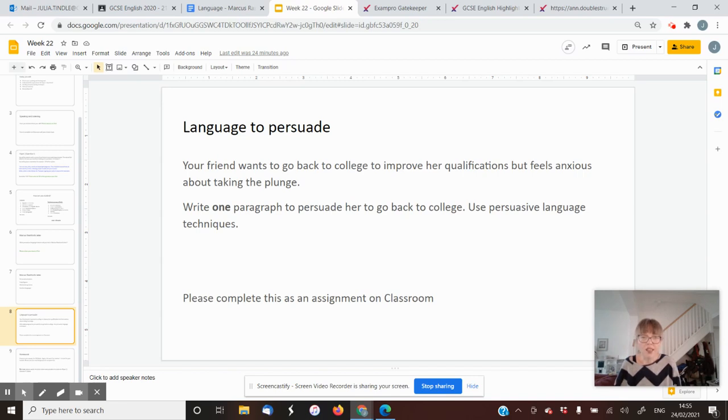So your task then: your friend wants to go back to college to improve her qualifications, but feels anxious about taking the plunge. Write one paragraph to persuade her to go back to college. Use persuasive language techniques. So think about those ones that Marcus Rashford used, and can you use any good persuasive techniques in your paragraph to persuade your friend? So that is an assignment to complete on Classroom.